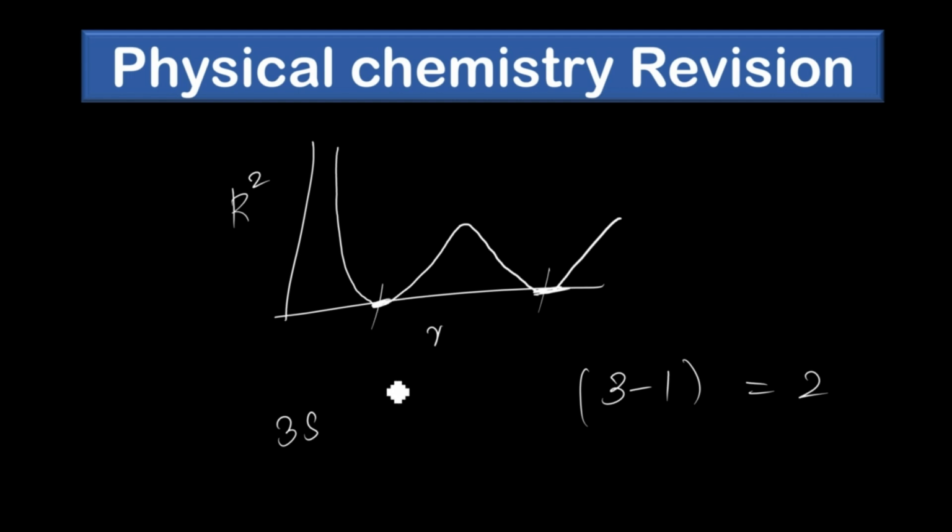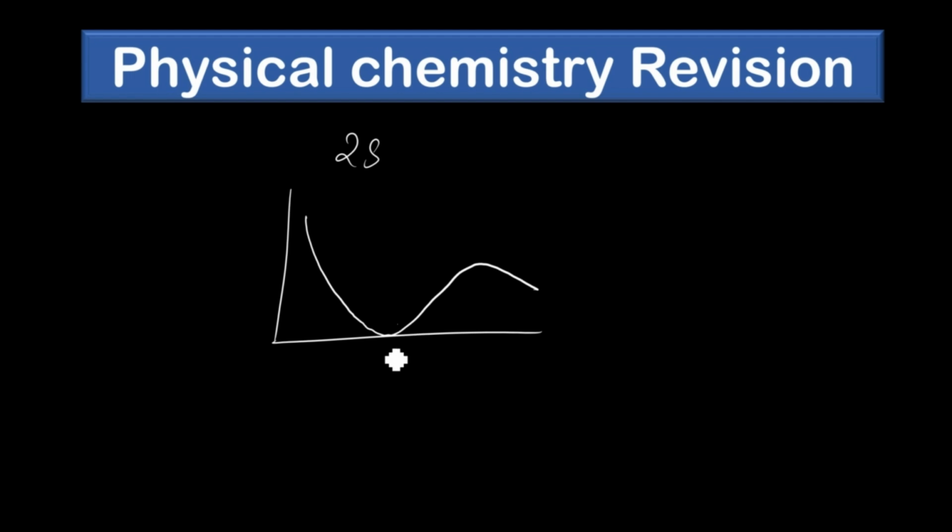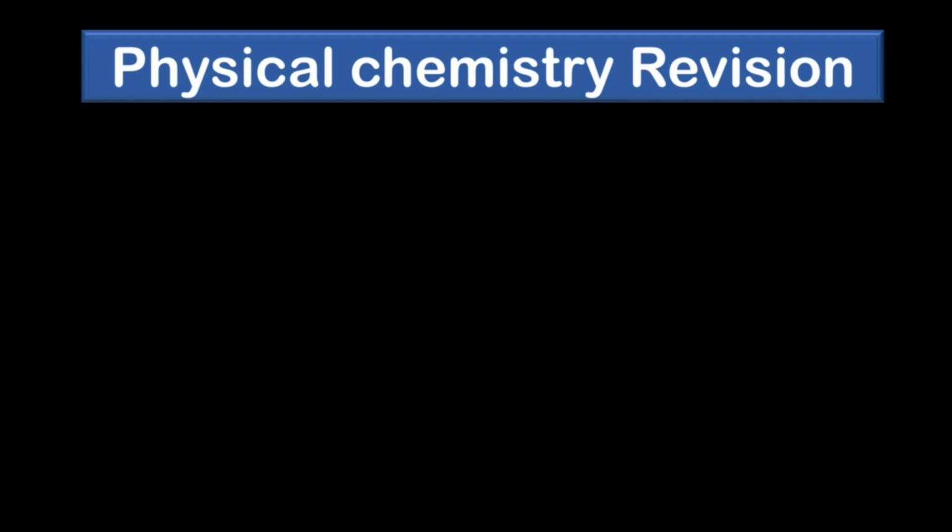That gives the number of nodes. I'll give you the picture of 3p also, or I can give you the 2s, which will have only one cut over here. That refers to 2 minus 1, so here also I'm getting the answer 1. So the probability distribution is talking about this. It's a function that gives the probabilities of occurrence of different possible outcomes of an experiment.